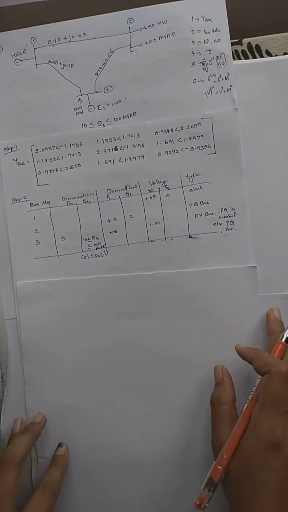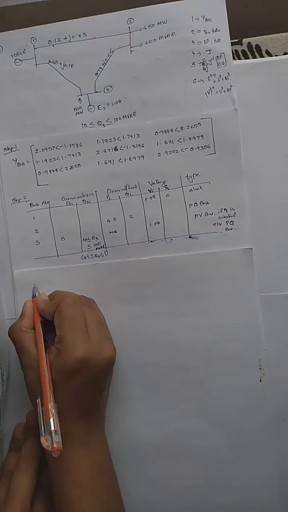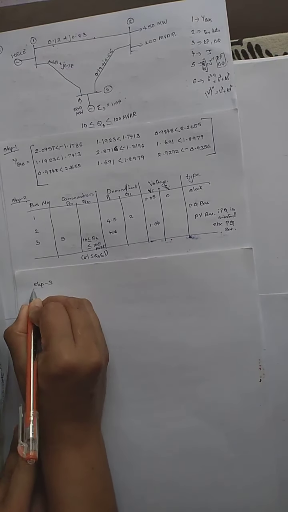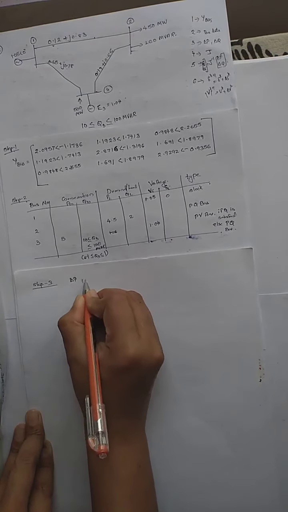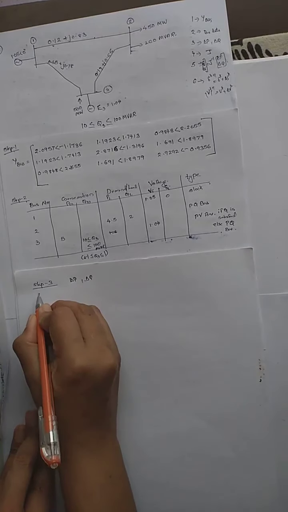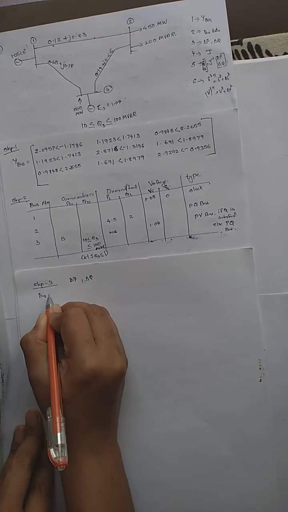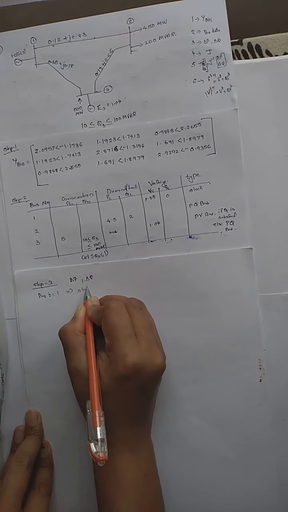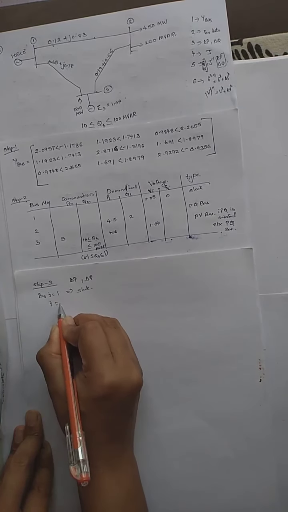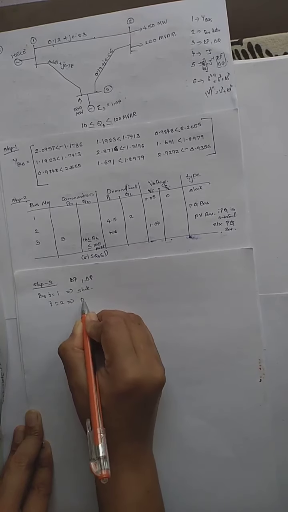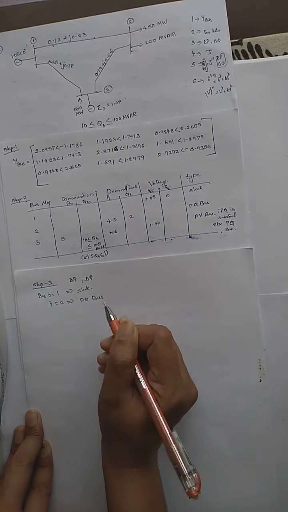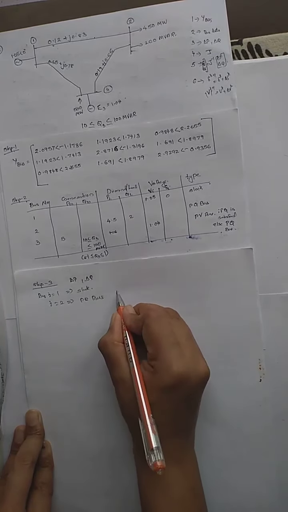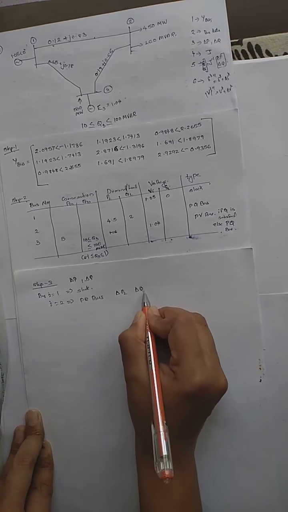Now we have to move on to step 3. For step 3 I have to calculate delta P and delta Q values. For bus i equal to 1, we don't have to do anything because it is a slack bus, and for bus i equal to 2, that is a PQ bus, we have to find out delta P2 and delta Q2.